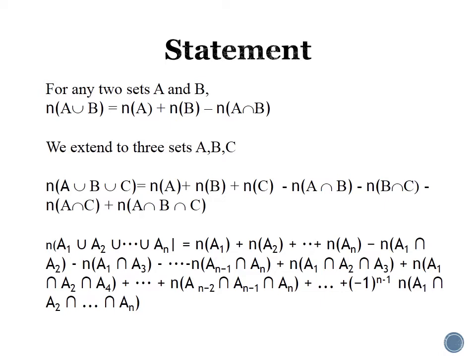How do we prove this one? Now we know that cardinality of A union B equals cardinality of A plus cardinality of B minus cardinality of A intersection B. Here in the two sets you put A union B as some X. So the three sets become two sets, that is cardinality of X union C. Then expand the same thing and use the distributive law, and we get the result.